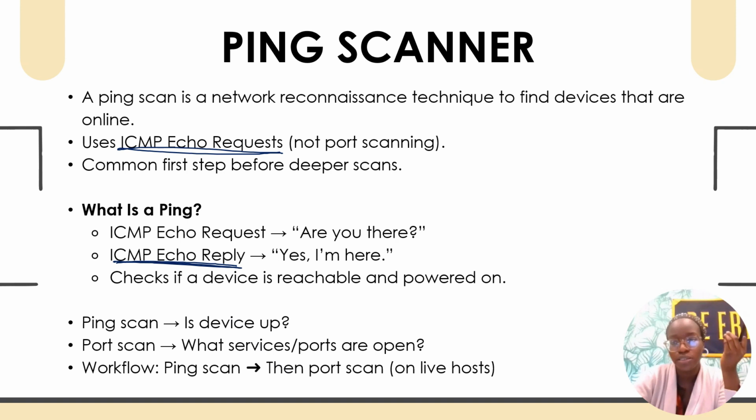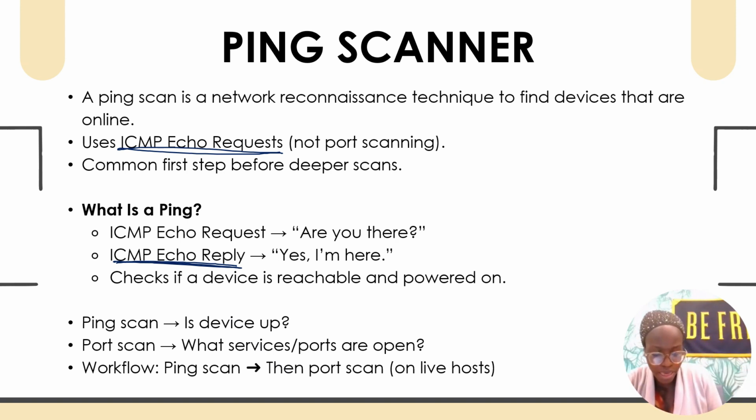to ping requests. So let's look in a little more depth at what a ping request does and what a ping scan does. A normal ping targets one device. A ping scan, though, is a tool that sends ICMP echo requests to many different IP addresses all at once. Often it's going to be across a range of IP addresses.